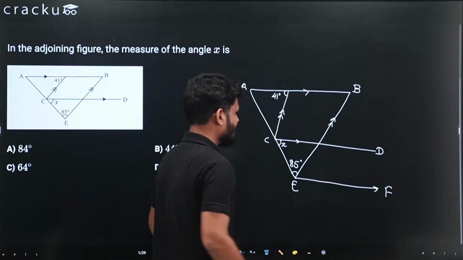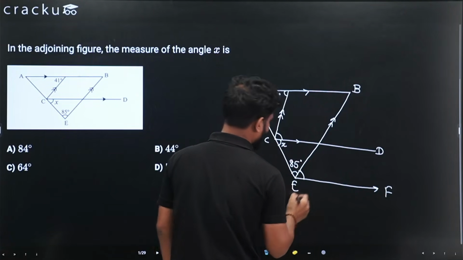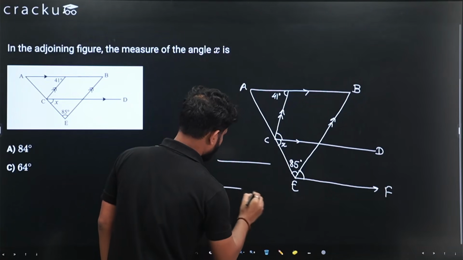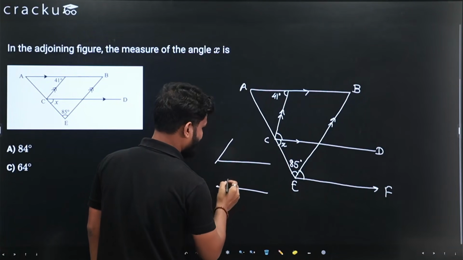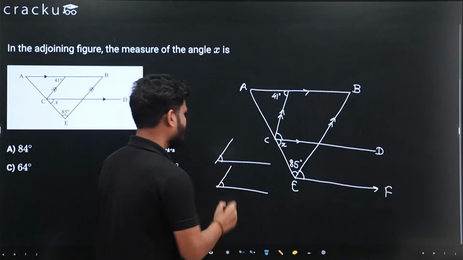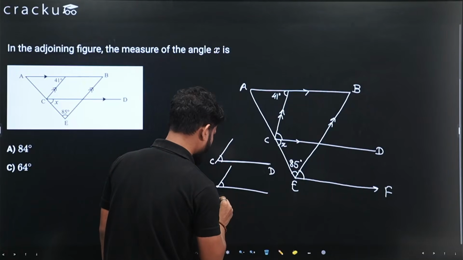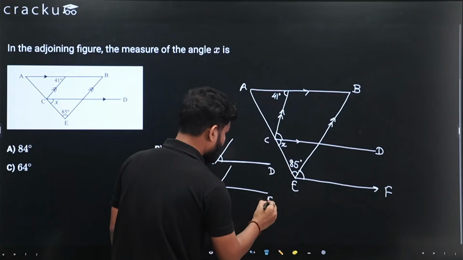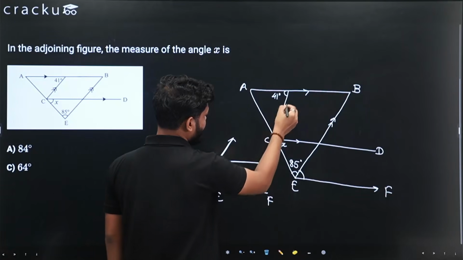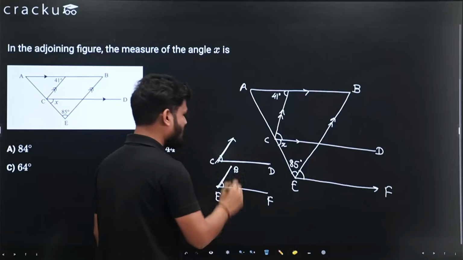Now if you see these two angles, these two angles will be equal. Why equal? Because this line which is CD is parallel to EF. Also this line and the line EB are also parallel.